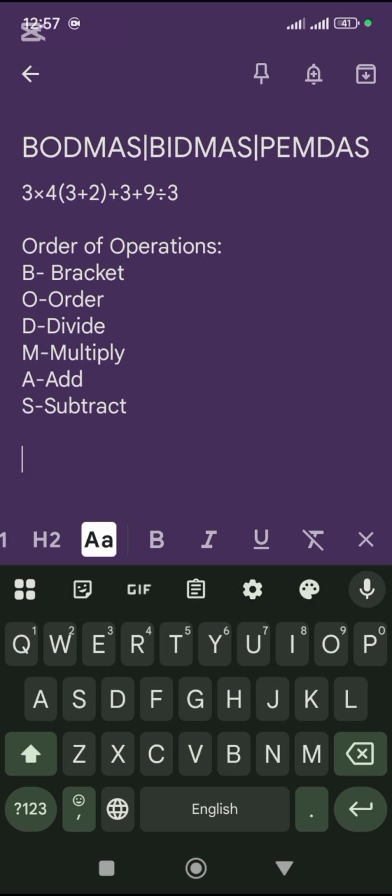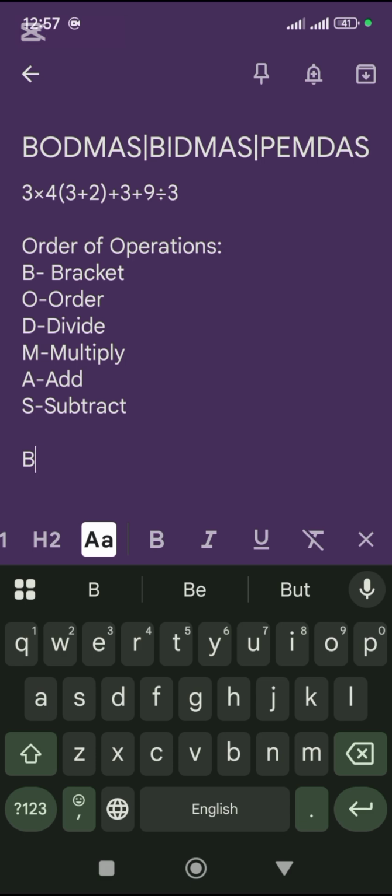The next is BIDMAS. The B here also stands for brackets.